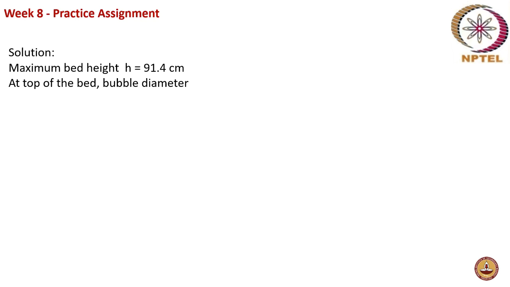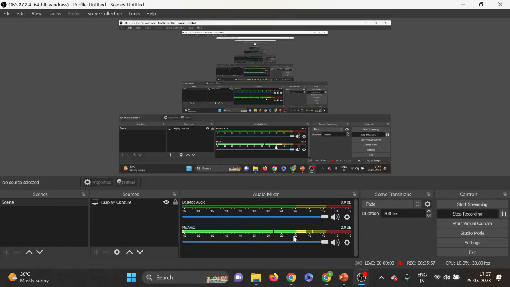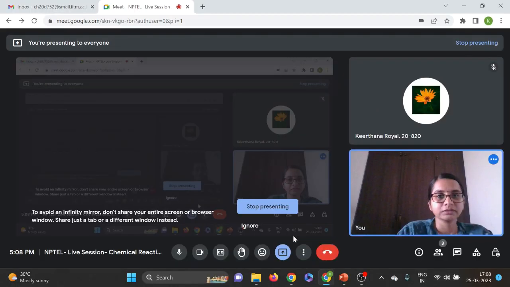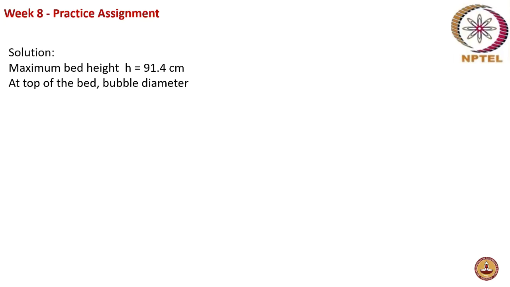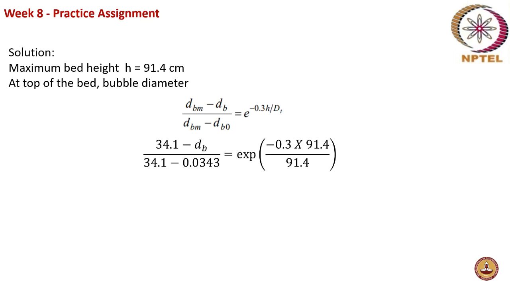Are you there? Do you think the bubble diameter will vary with the height of the bed? Okay, it does vary because the expression itself has h. So as the height changes, there will be some variation in the bubble diameter, right?